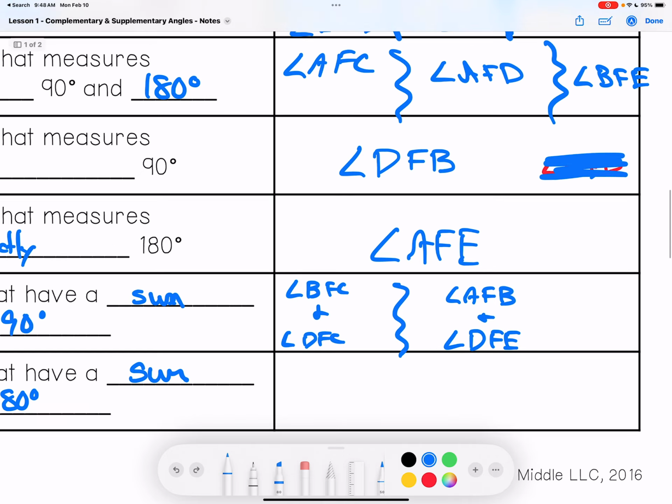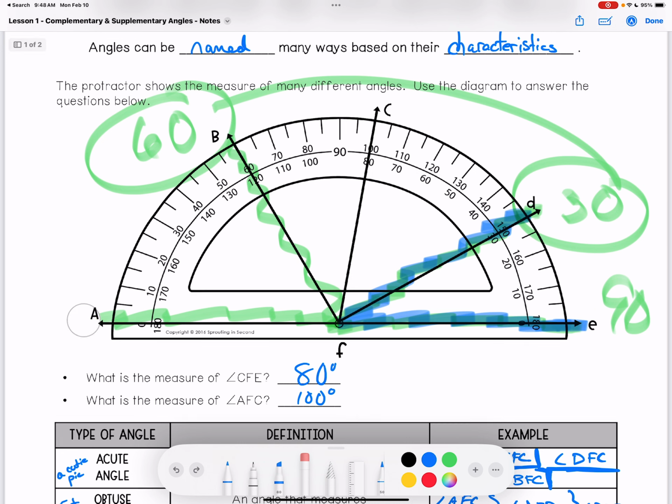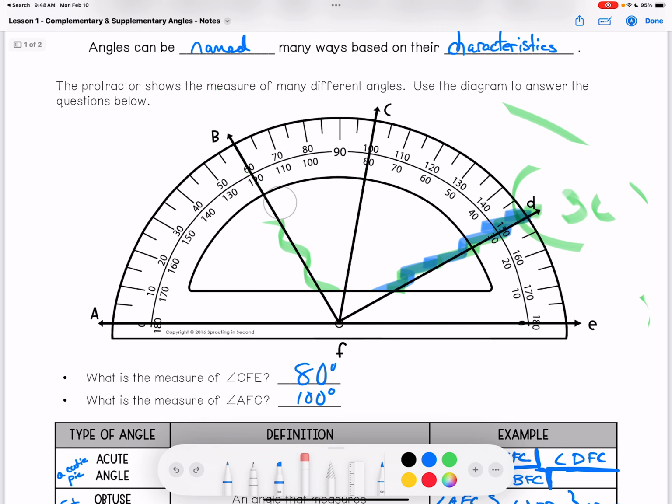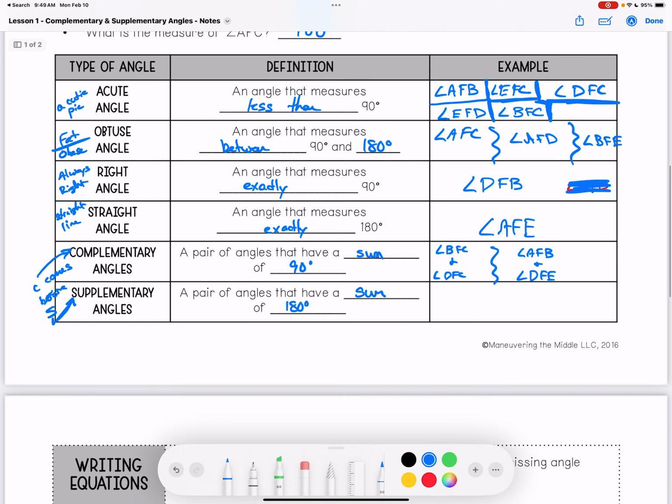All right. And then which ones equal 180? We know this whole thing is 180, the whole shebang here. So we could go A, F, D, and then D, F, E. So that's one.